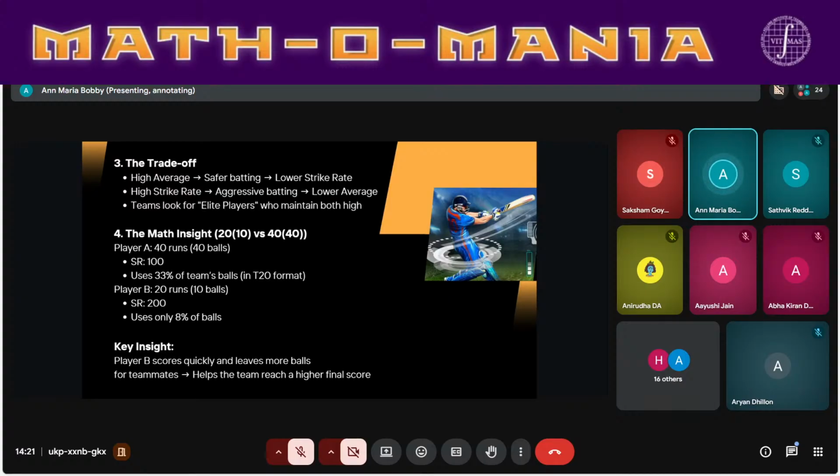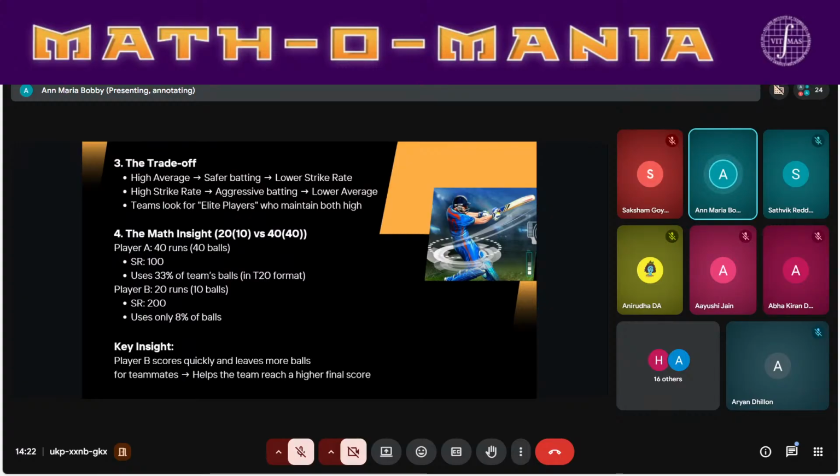Since we are calculating strike rate in terms of number of balls, the strike rate can be low when the average is high. And if the strike rate is higher, it will be aggressive batting, and the average might be lower. So basically, teams look for elite players who maintain both high average and high strike rate.